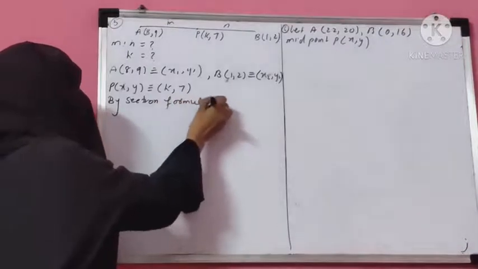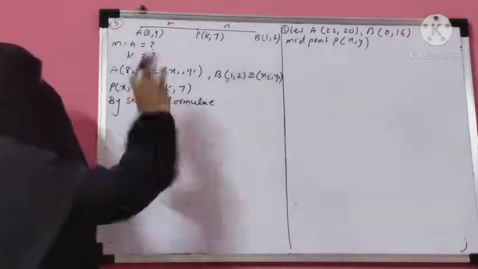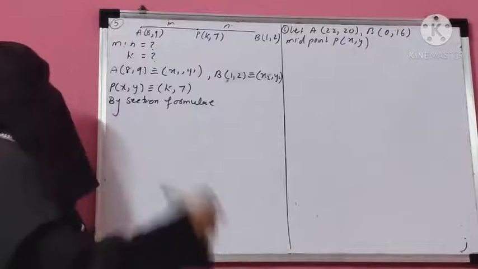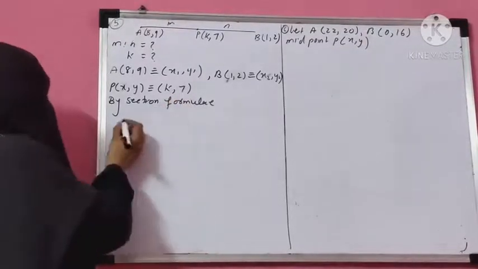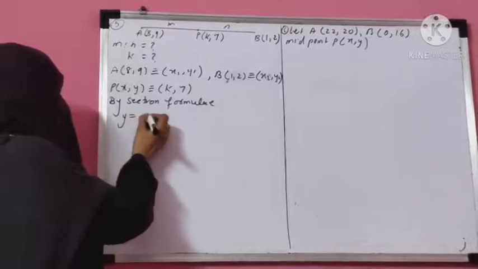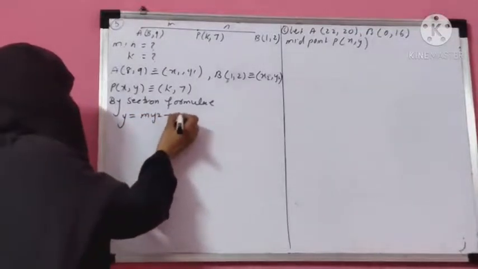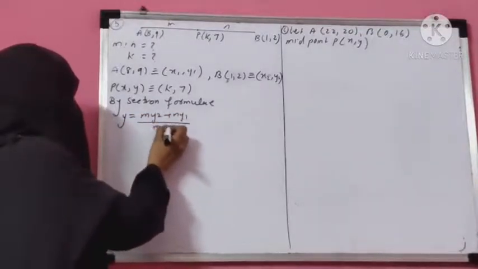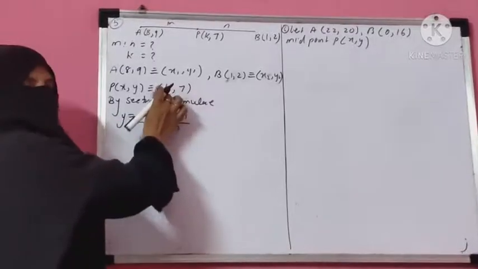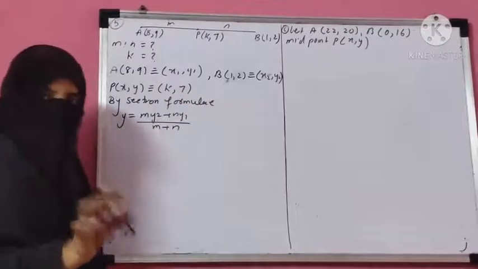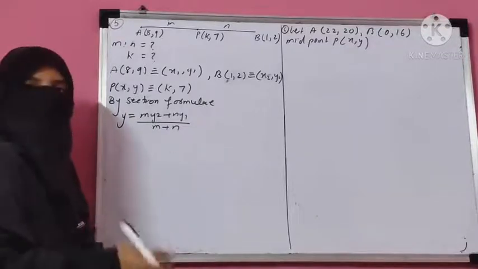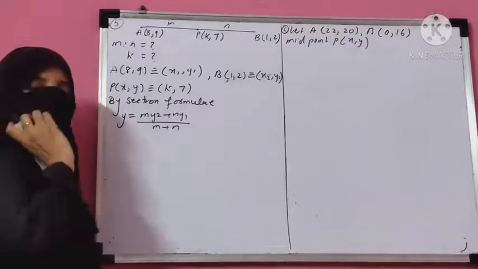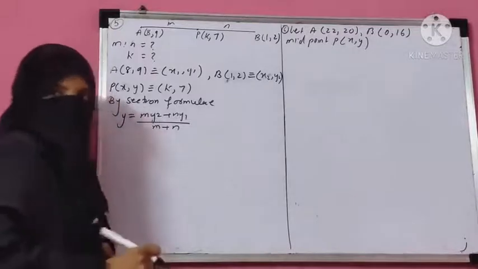First we have to find the ratio in which this point P divides this segment. The y coordinate formula is (my2 + ny1) divided by (m + n). Why? Because the x coordinate value is K, so from the x coordinate we cannot find the value of the ratio.